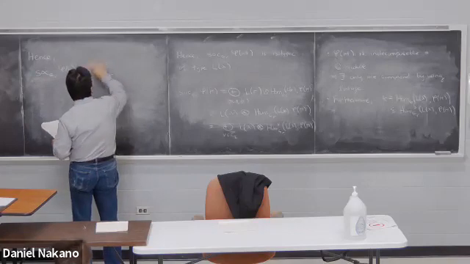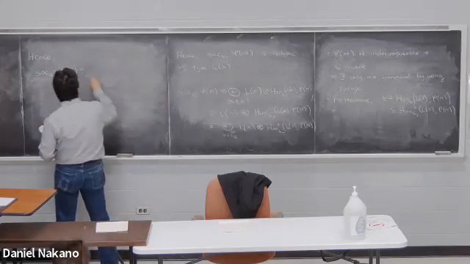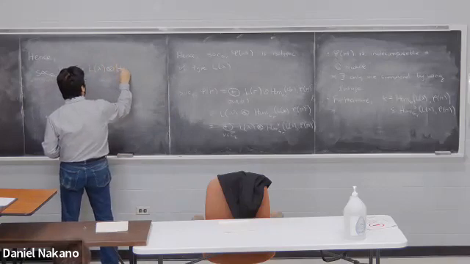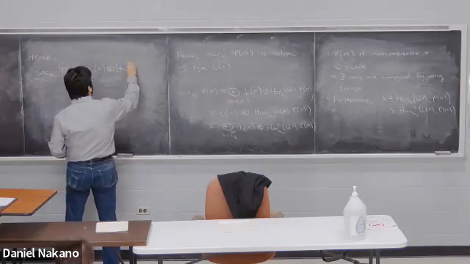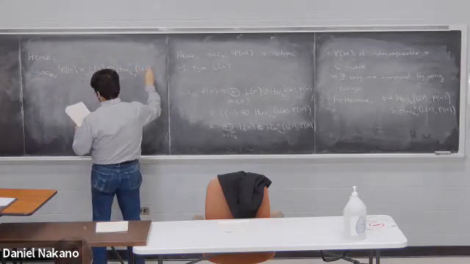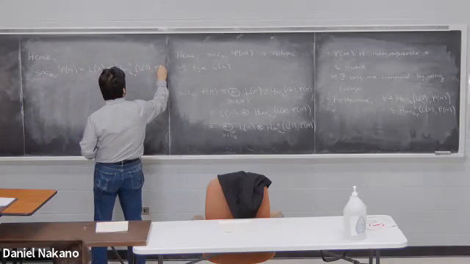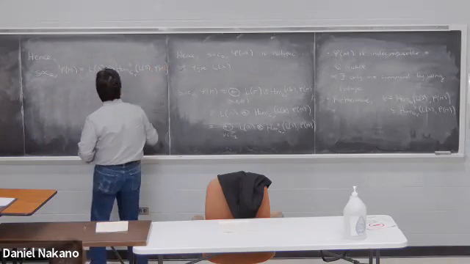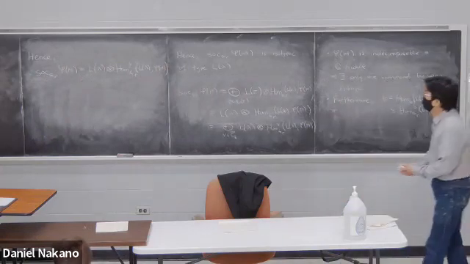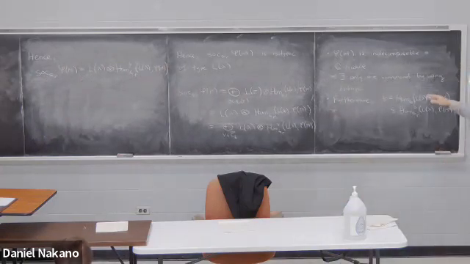Let me write it this way to make it more consistent with this. So L lambda tensor hom GR0 of L lambda with phi. Okay, so all of this we get down here.